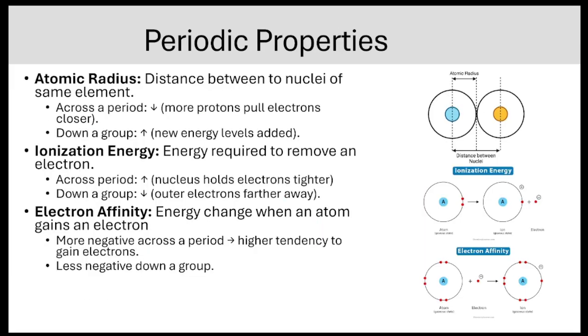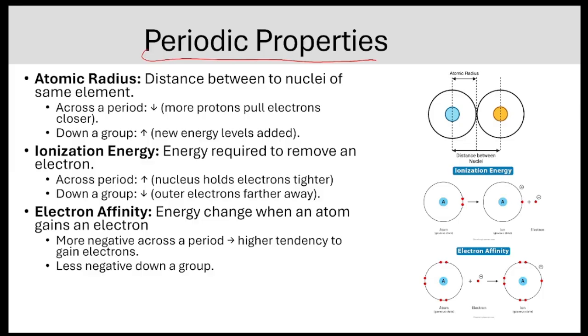Now let's look at the most important trends, or we can say periodic properties. These properties vary predictably across the table and explain why elements react the way they do.